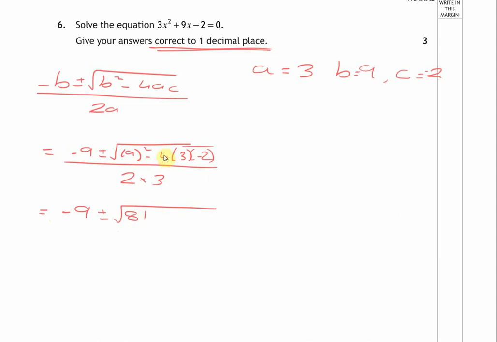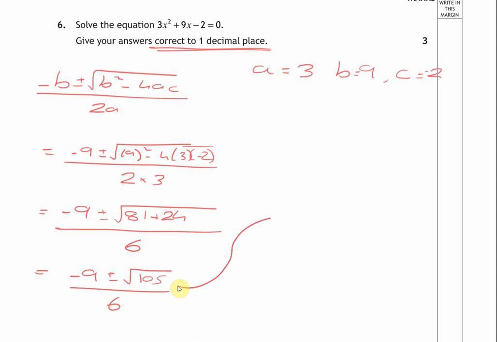Then minus 4 times 3 is minus 12, multiplied by minus 2 becomes plus 24, and that will be all divided by 6. So then we have minus 9 plus or minus the square root of 105, divided by 6. When we get to this point, what we can then do is split it up into the 2 individual calculations.